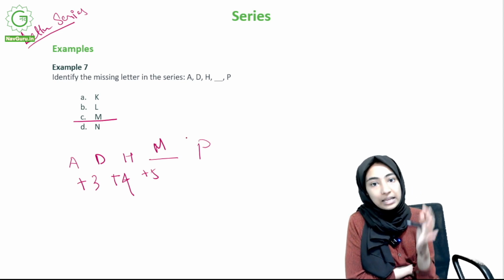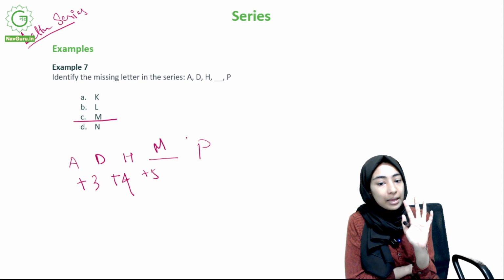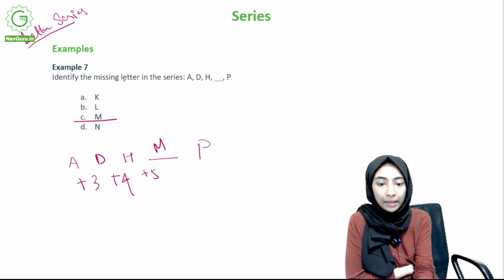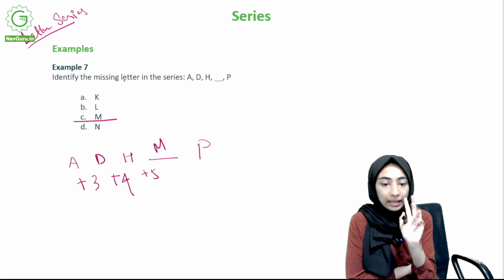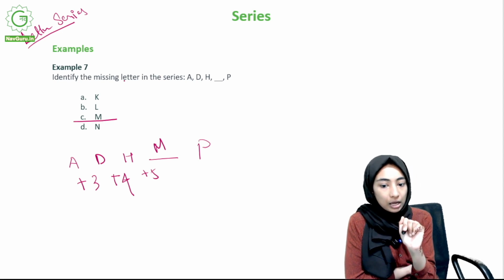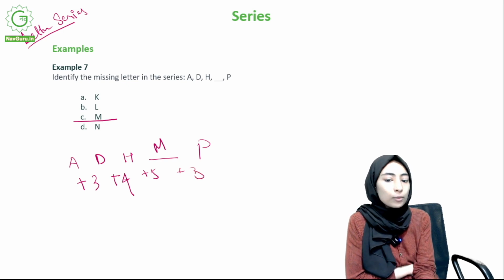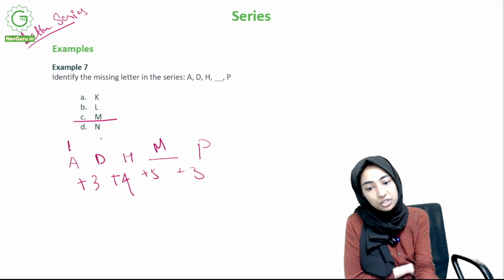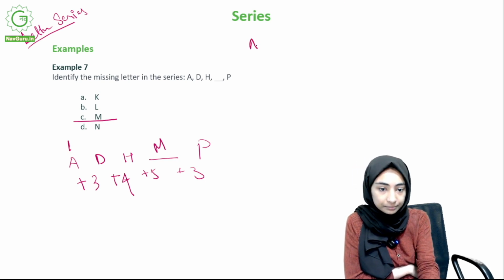So M plus 6, N, O, P, no, it's too close. So we'll just see again, A, B, C, D, E, F, G, H, I, J, K, L, M, N, O, P, but here it's too close. So we'll do one thing, we can just look at the position of the letters. A is at the first position, we'll just write the positions here.